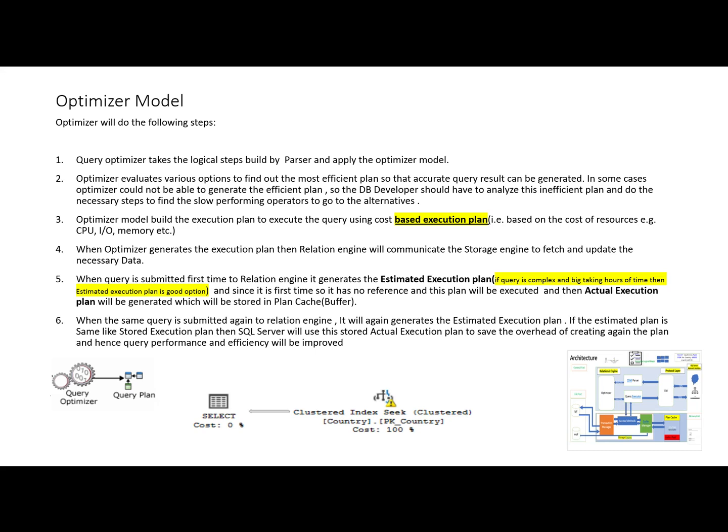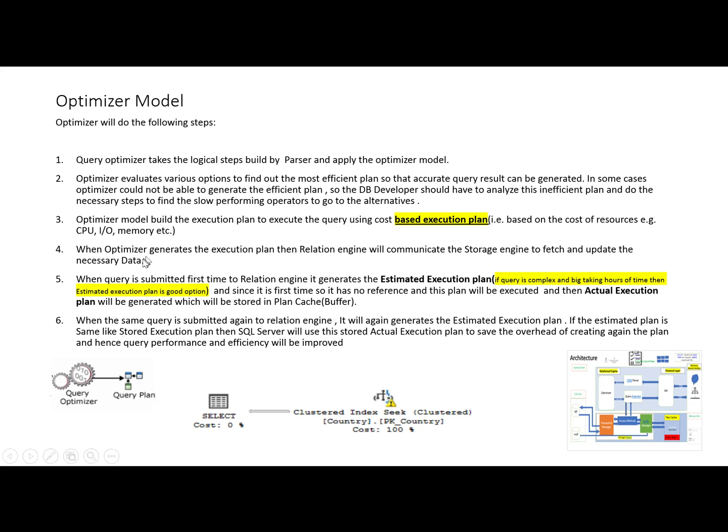The cost based plan considers the cost of the operators and resources, like CPU cost, how much I/O cost will come to execute this query, and what the memory cost will be.